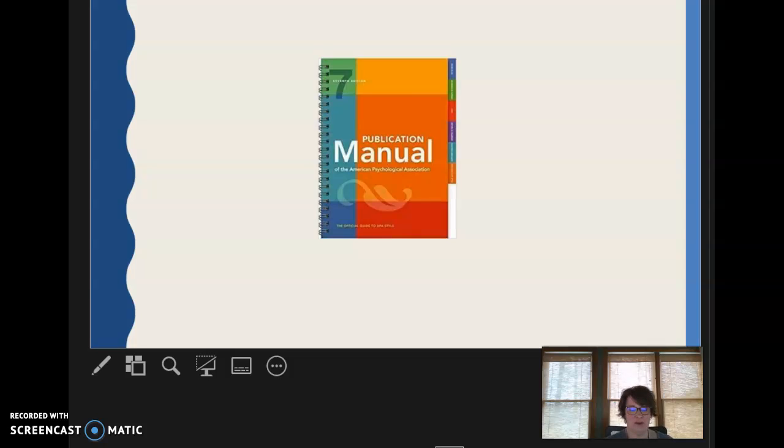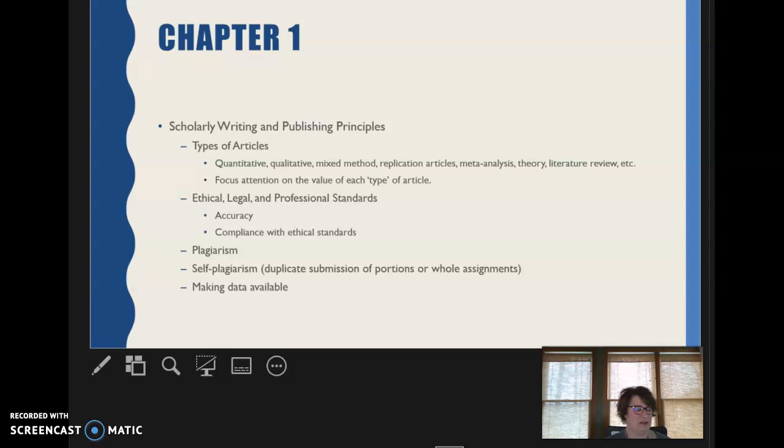So this is the manual that we're going to be going through, and I do want to highlight that even in the front cover of the manual, you can just open it up, there are nice tables that will give you some common APA style guidelines that are very helpful, just a quick resource for you, and I would suggest just leaving it open to the front cover.